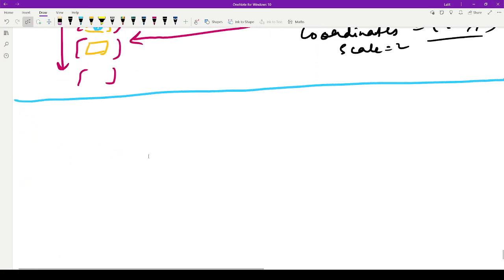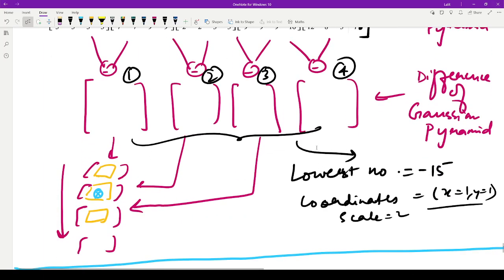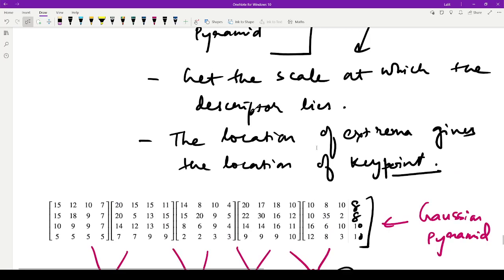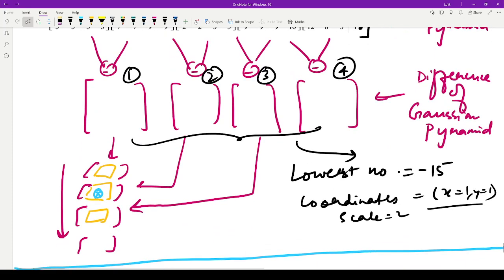For finding the extrema, we take every pixel as the center pixel and then check if it is the maxima or minima in the volume. That's how the algorithm works: you check every pixel and get the maxima and minima in the whole volume.